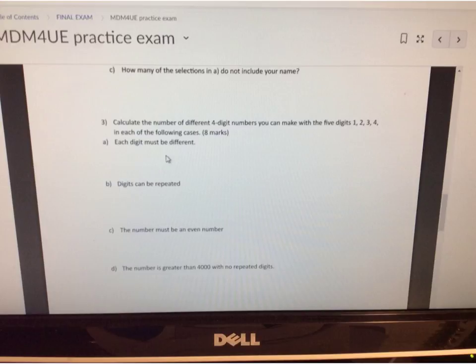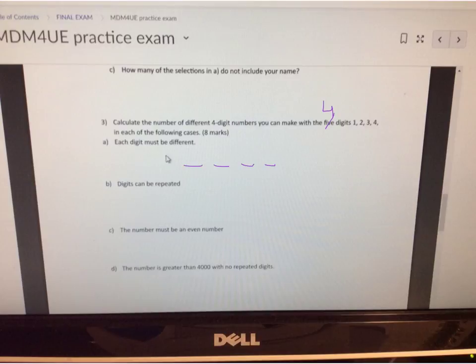Question 3. Okay, and this one, as I said in the home page there, it should have said 4 digits. We're making 4-digit numbers, not 5-digit numbers here. If each digit must be different, then we're going to think of this as our 4-digit number, and so I'm filling in 4 blanks for those digits.